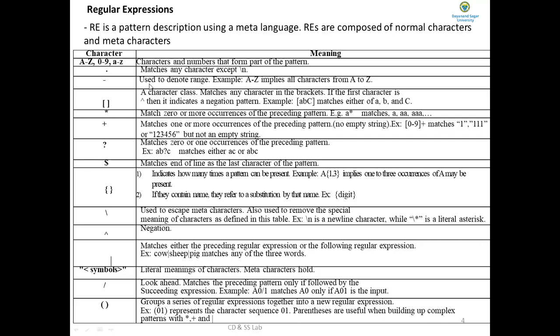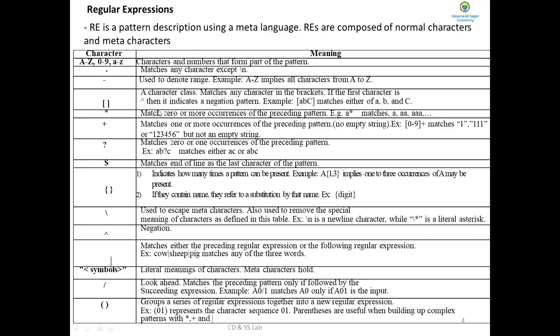Then hyphen is used to denote a range. For example, capital A hyphen Z implies all characters from A to Z. So instead of recognizing individual characters, we can match a range of characters by specifying the range using hyphen. Then square bracket is also called a character class. It matches any character in the brackets.